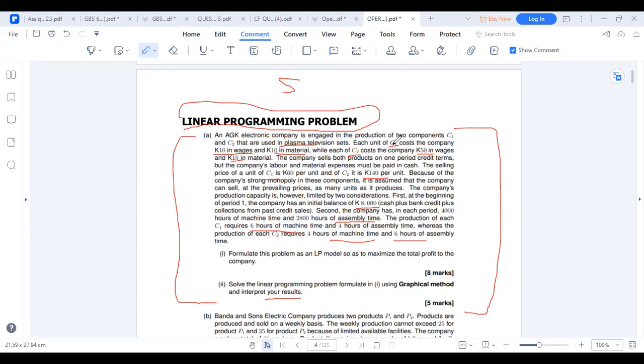So let C1 be X1. And then the other one, the C2, the cost was 15 wages and actually 15 in material. So we are just doing the solution for this.